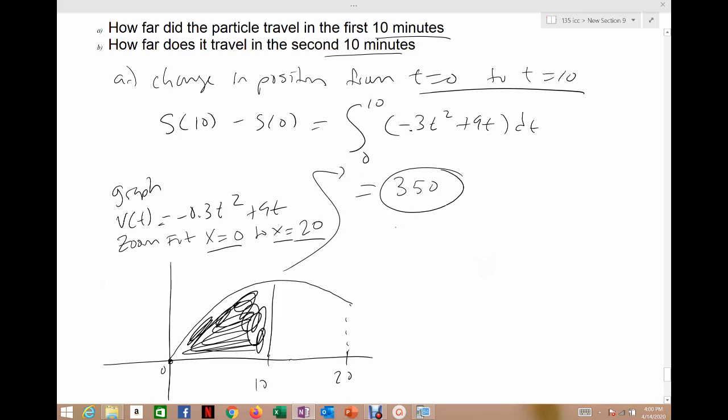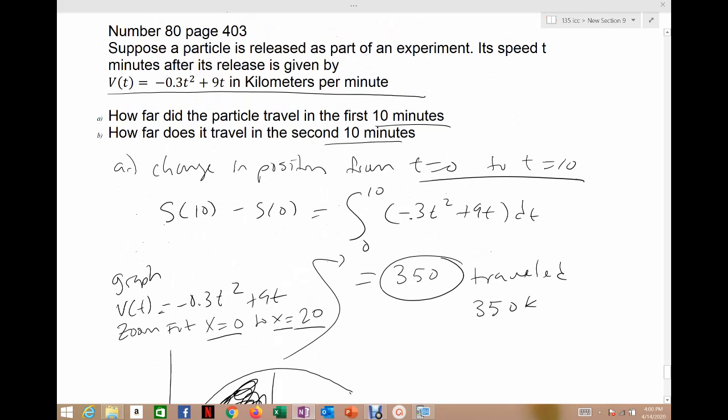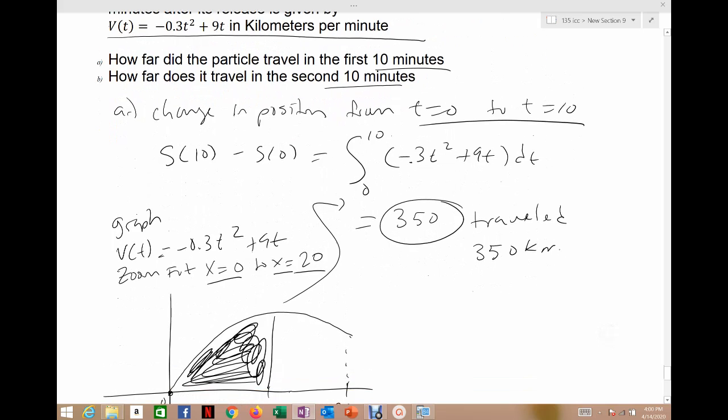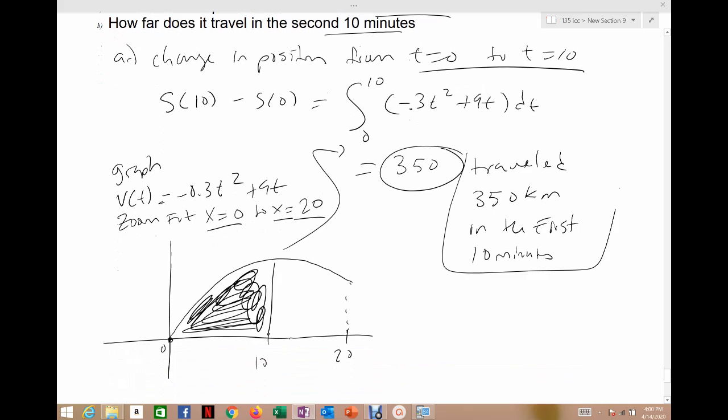So over the first 10 minutes it travels 350 kilometers, our units are kilometers. There's the answer to part A.